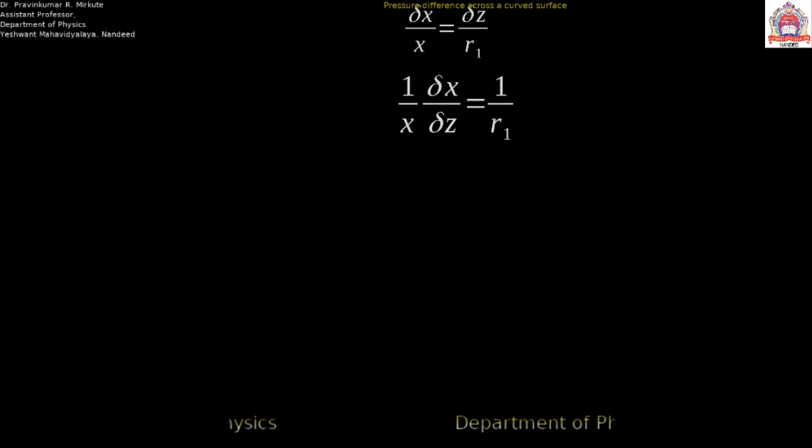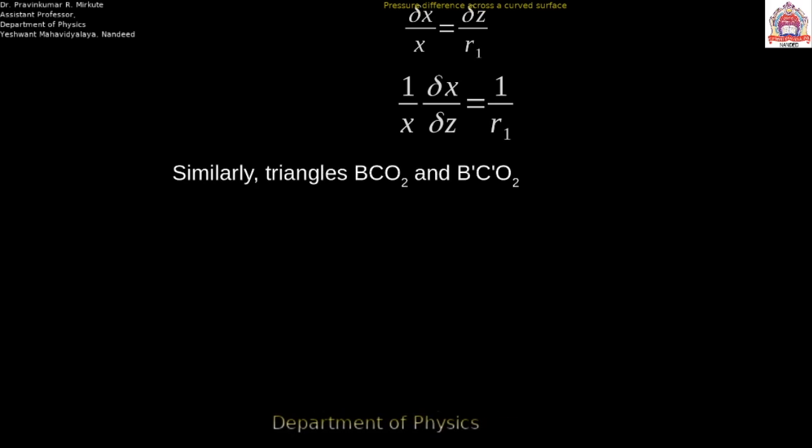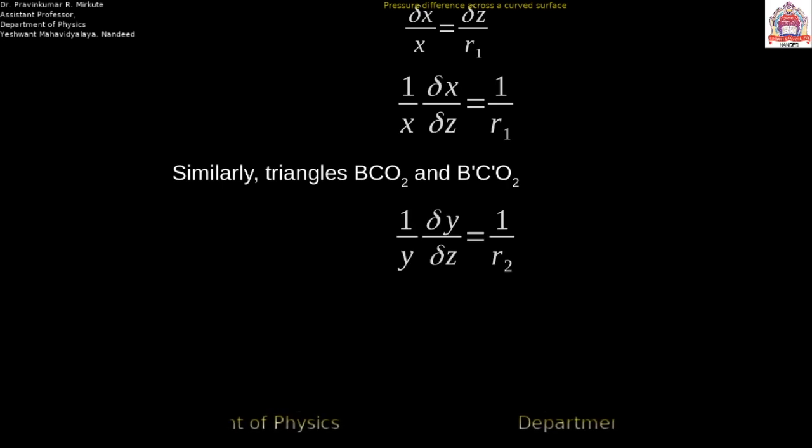So 1 by x, delta x by delta z, is 1 by R1. Similarly, from the triangles BCO2 and B'C'O2, we get 1 by y, delta y by delta z, is equal to 1 by R2.